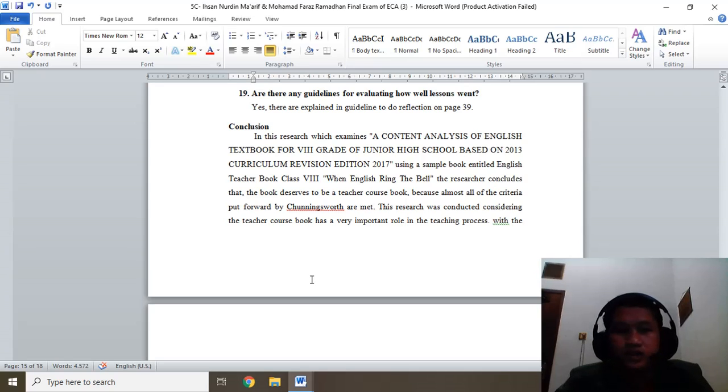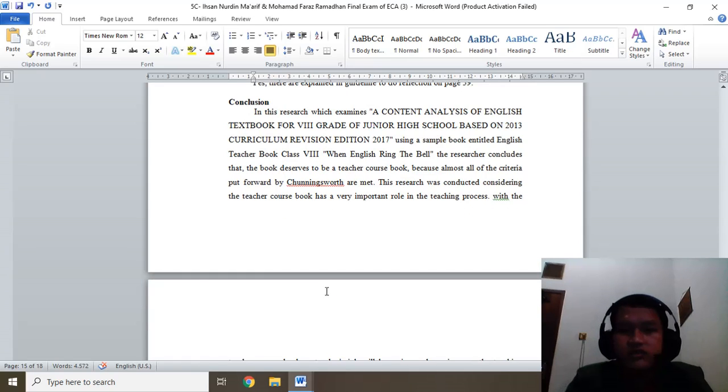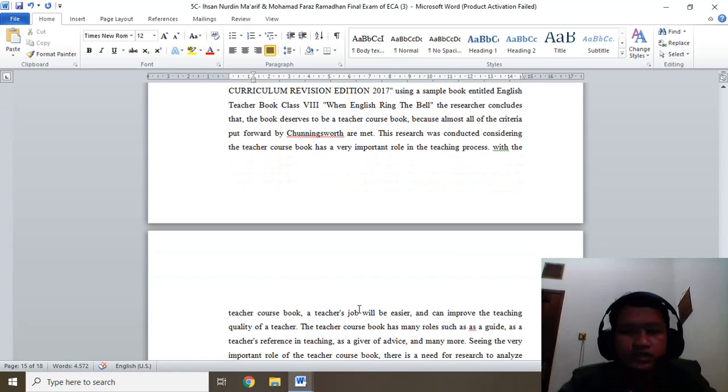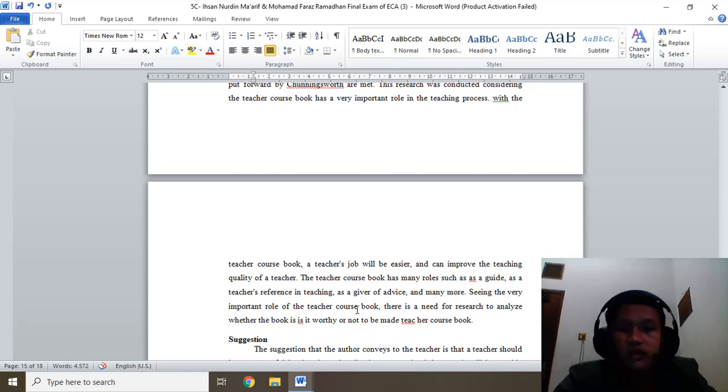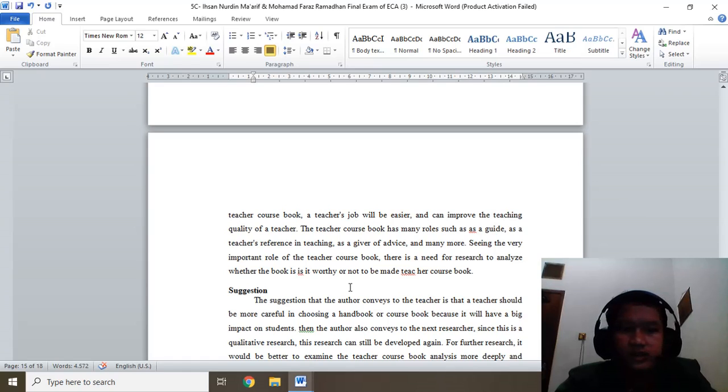This research was conducted considering the teacher's course book has a very important role in the teaching process. With the teacher's course book, a teacher's job will be easier and can improve the teaching quality. So the teacher's course book has many roles, such as a guide, a teacher reference in teaching, a giver of advice, and many more.